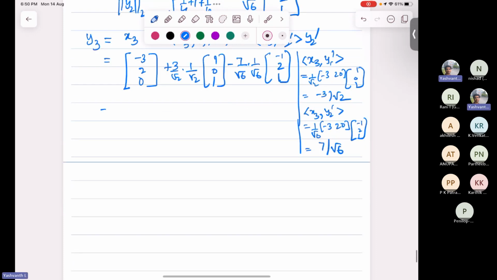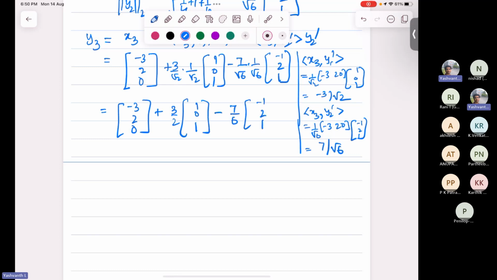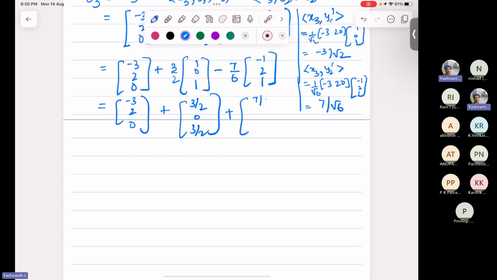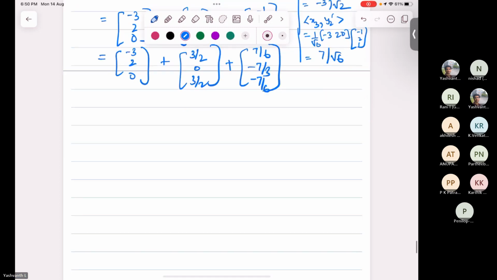Now if you compute this, I get (-3, 2, 0) plus 3 by 2 times (1, 0, 1) minus 7 by 6 times (-1, 2, 1). If you just add them up, it becomes (-3 plus 3 by 2 plus 7 by 6, 2 minus 7 by 3, 3 by 2 minus 7 by 6).